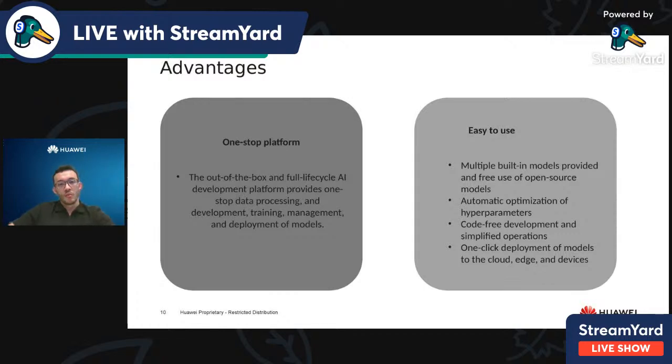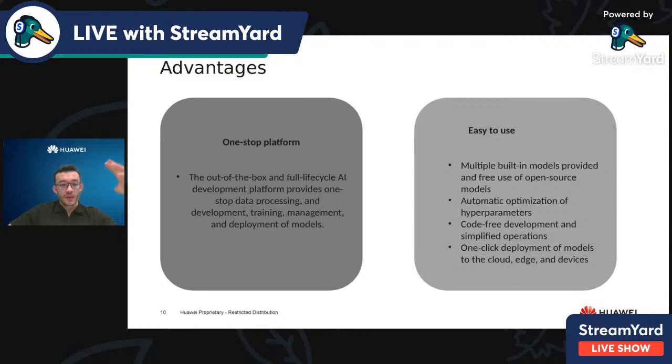I would like to mention its advantages. One of them is one-stop. ModelArts is an all-in-one AI development platform that offers end-to-end solutions, as I said before. It streamlines the entire AI development process in just one place.